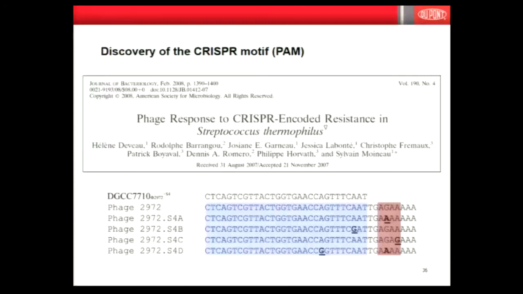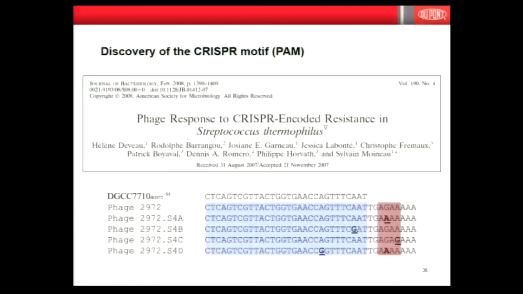And this has been also observed not by in silico comparisons, but by biological observations. What we did was to try to isolate mutant phages, so phages that have mutated in order to escape from CRISPR.